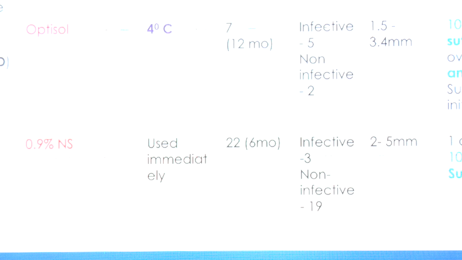This particular study stored the lenticule in BSS with a concoction of antibiotics and antifungals at -80. Some people have used Optisol, like we have used Cornisol in our patients. Others have used 0.9% normal saline, and many of these studies have actually used 10-0 nylon sutures, and I would myself advocate the use of 10-0 nylon sutures when it comes to using the smile lenticule.